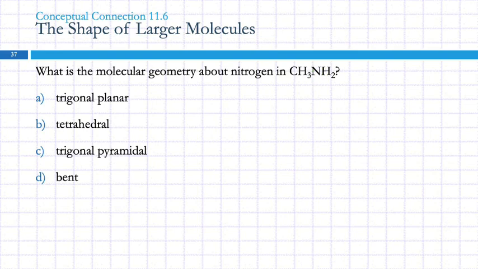So we've got a carbon with 3 hydrogens bonded to a nitrogen with 2 hydrogens. And we're looking for the electron geometry around this nitrogen. We need to get all the lone pairs in there.